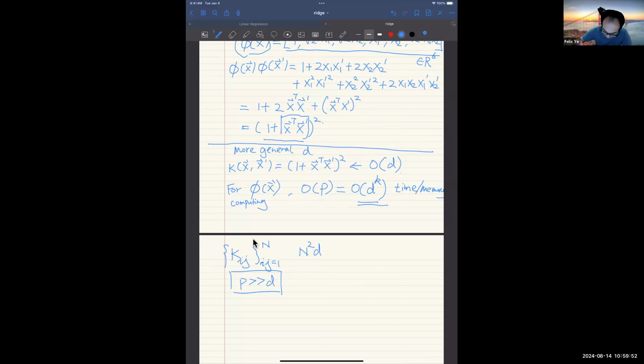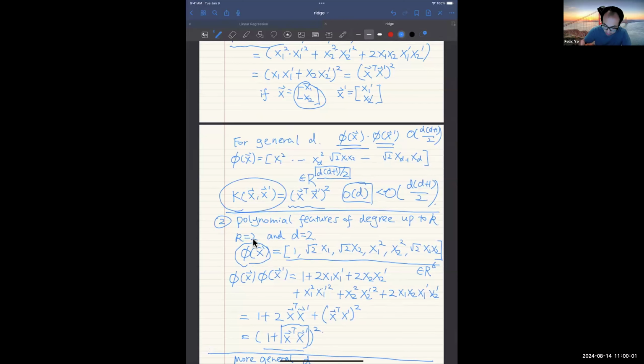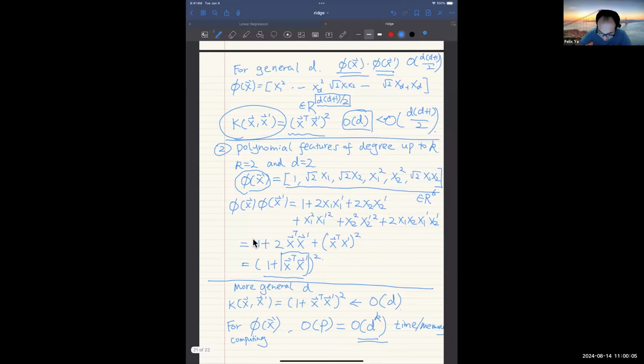All right, so this gives you some idea how we can calculate this K matrix efficiently, rather than writing out phi x and phi x prime explicitly right here. But how will this actually help? Let me use one simple example, ridge regression.